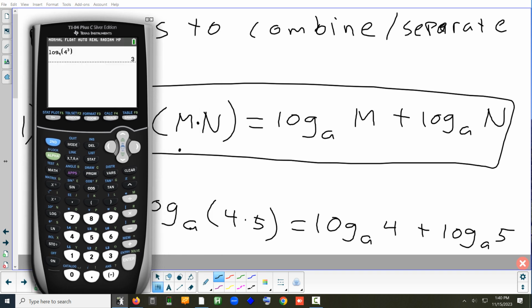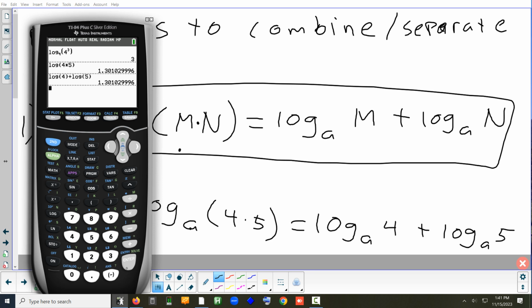All right, so let me type that in just so you can see it. Let me type in log of 4 times 5. And now I'm going to type in log 4 plus log 5. It's exactly the same thing. Now, 4 times 5 is what? 20. So that's not the only way you can factor 20.